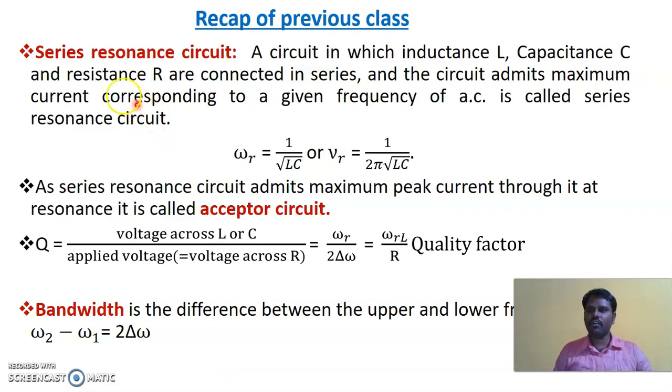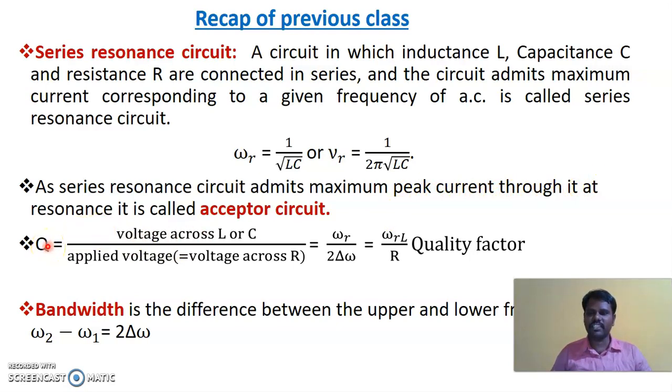The condition for series resonance circuit is omega L is equal to 1 over omega C. Then the resonating frequency was given by nu r is equal to 1 over 2 pi square root of L into C. A series resonance circuit is also called an acceptor circuit because it admits maximum peak current through it at resonance.